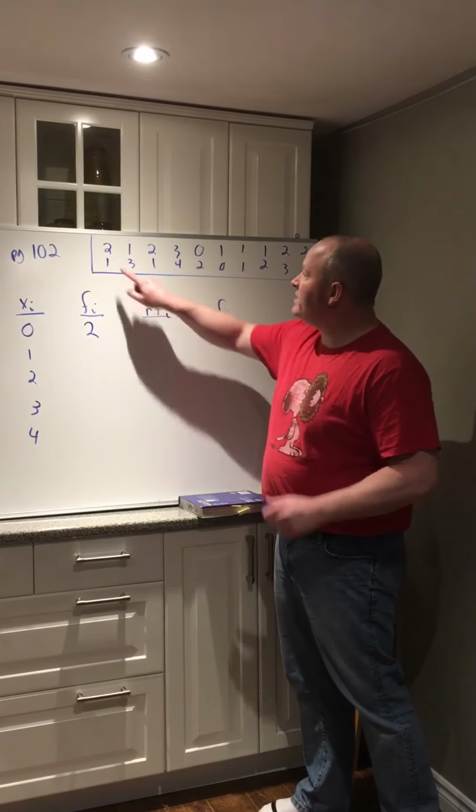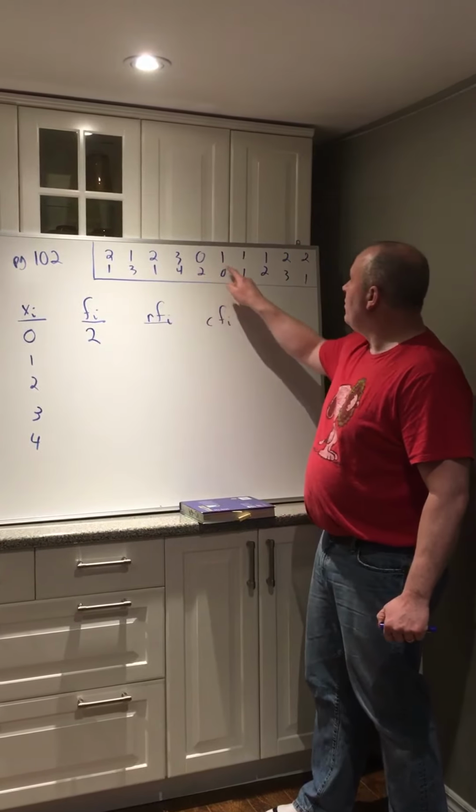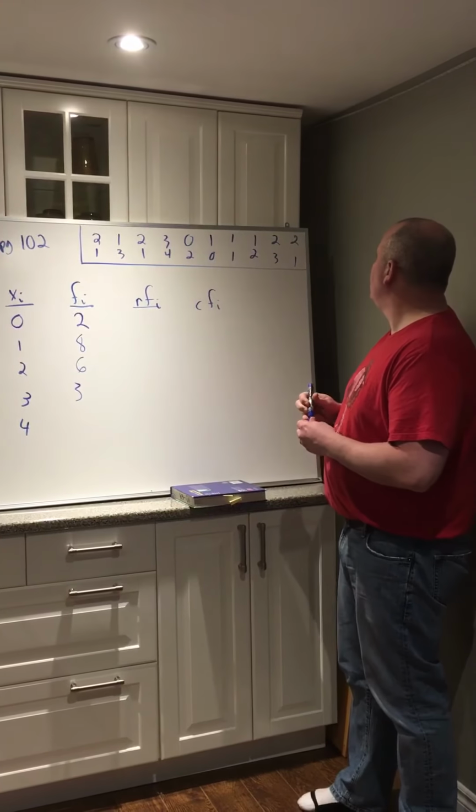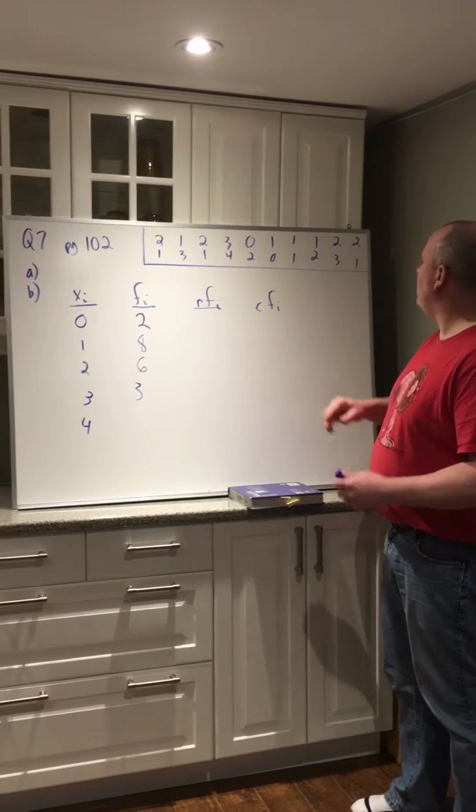For my number ones, I've got 8 in my data set. And then the number of 2's, I have 6. And then my number of 3's, a little bit less frequent, 3. And last but not least, number 4, I think only appears once.